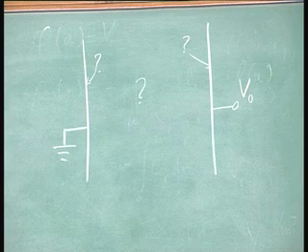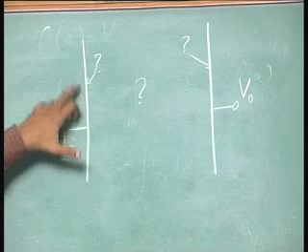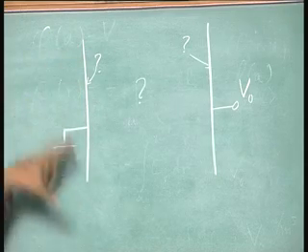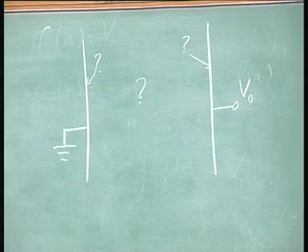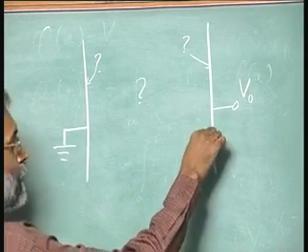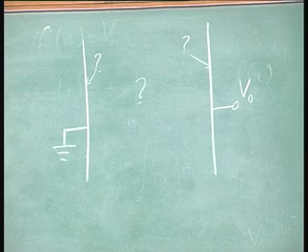This requires solving a different problem than Coulomb's law, because we do not know where the charge is. We do not know how much charge there is, we do not know where the charge is. What we know is that the potential here is V naught, the potential here is ground.